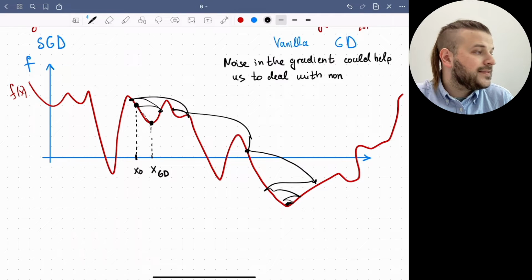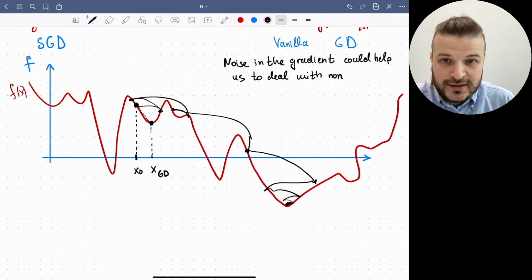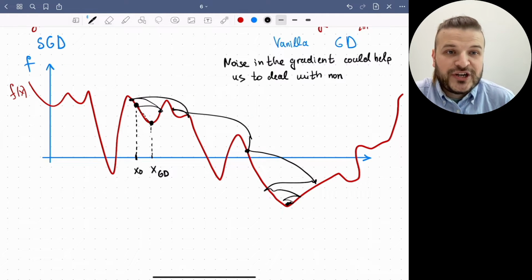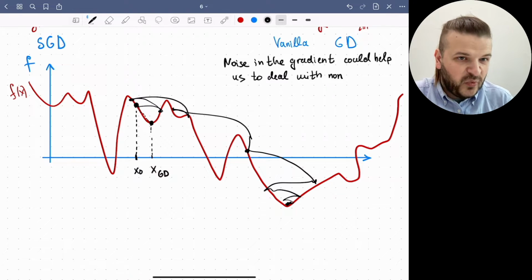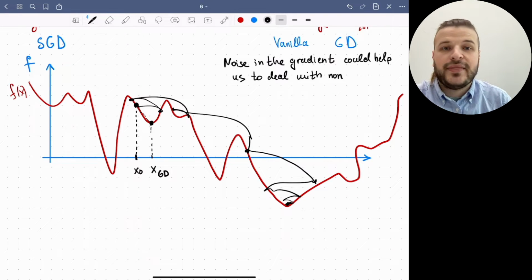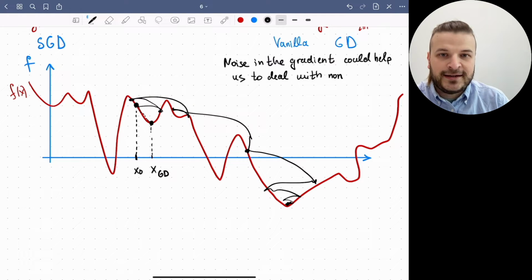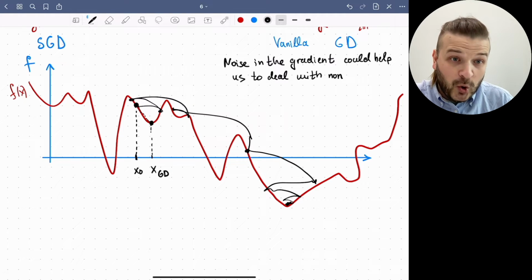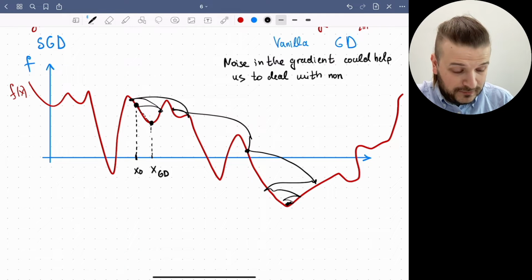But the absence of noise, zero noise, will lead you just to the nearest local minimum without any options here. The stochastic gradient provides some hope to escape a bad local minimum.